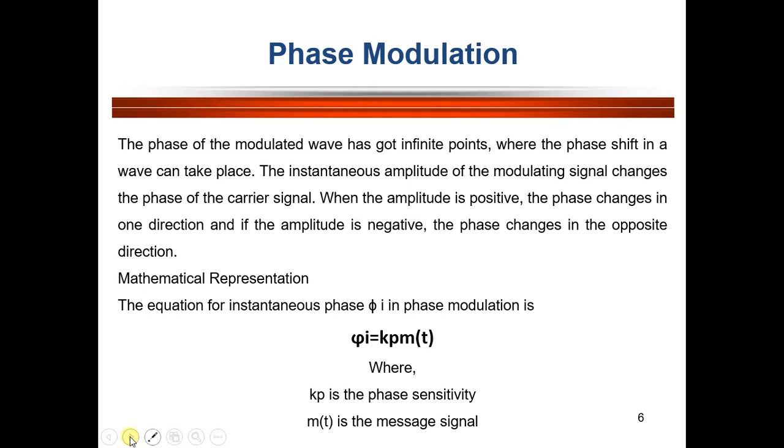The PM wave is obtained by varying the phase angle phi of a carrier in proportion with the amplitude of the modulating voltage.